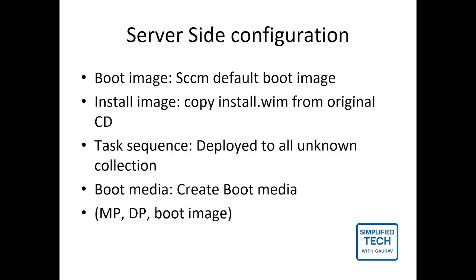Okay, boot image, then install image, then create the task sequence, and we also create boot media for the client machine which has no PXE card. We can manually connect a USB or ISO, then the client machine boots, and it will detect our SCCM server through the MP or DP so that it will install the OS. Okay.